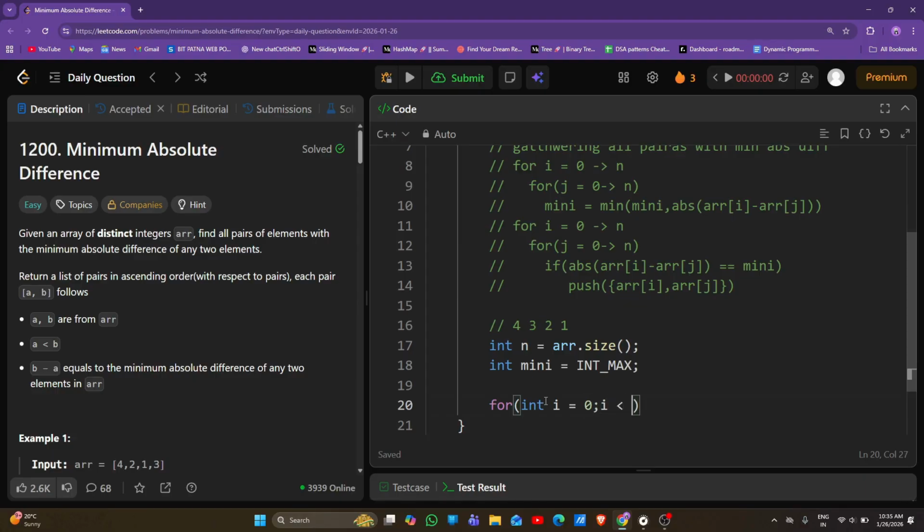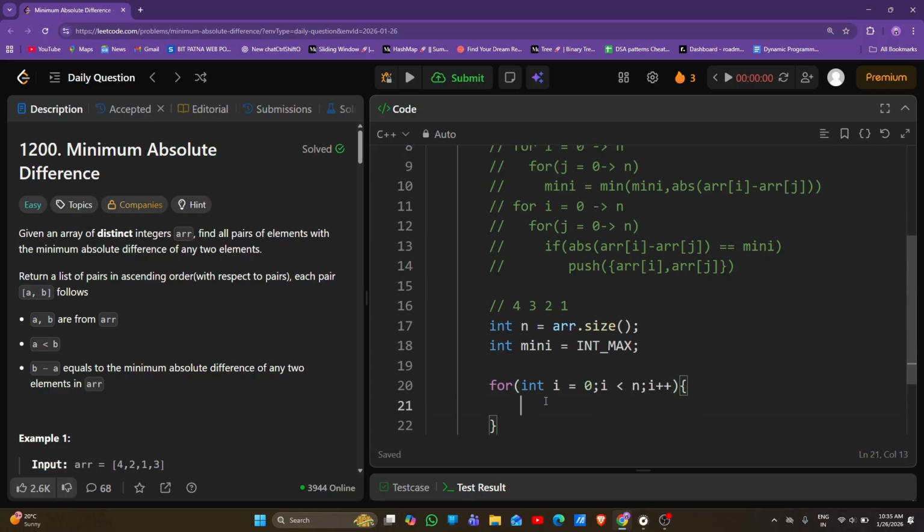For int i equal to 1, i less than n, i plus plus, mini will be minimum of mini and the absolute of nums of i minus nums of i minus 1. Here I am taking i from 1 and checking nums of i minus nums of i minus 1. But you can also start from 0 and take i and i plus 1. Both are the same.